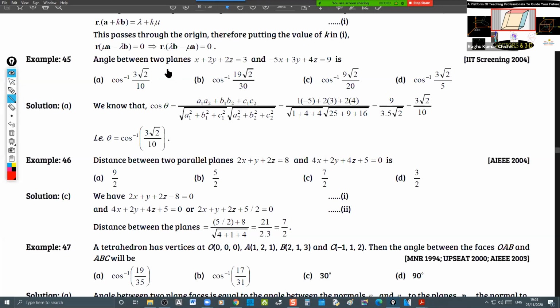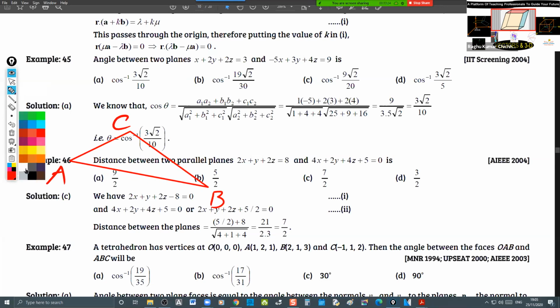Let me draw this. This is simple. I'll take the base plane of the tetrahedron as ABC. Let me say this as A, B, C. Let me take another point not lying on the plane of ABC. Let me take it as some O here.